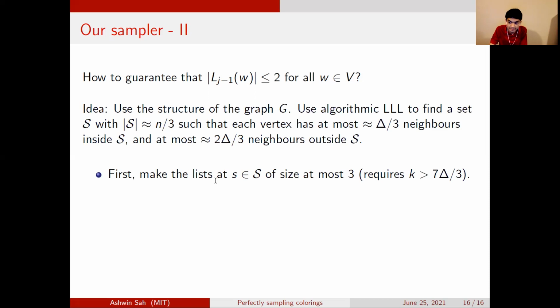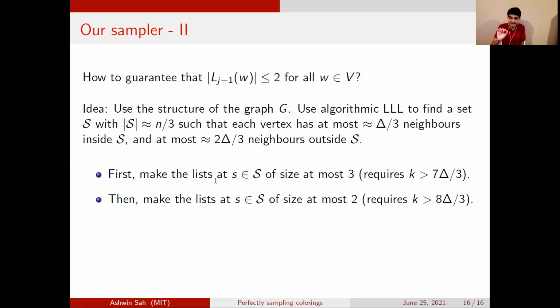Now Bandari and Chakrabarty just immediately make the list size 2 in some sense, after some other stuff. But we instead make the list of size almost 3, which no longer requires k greater than 3 delta or whatever, but requires a weaker condition, which we can stomach.